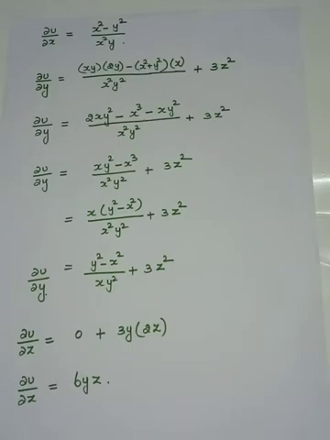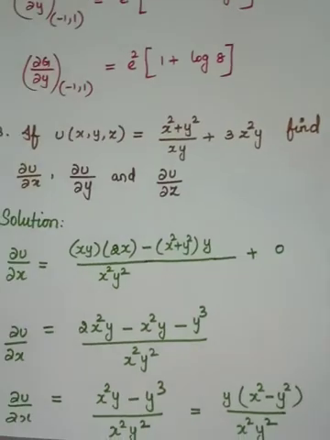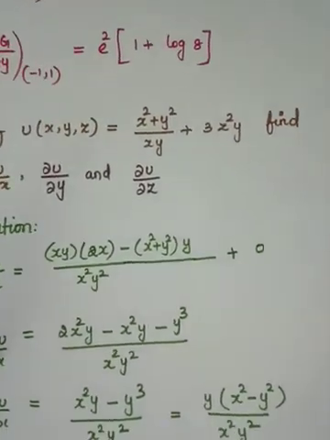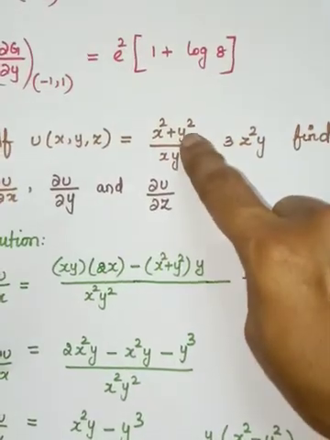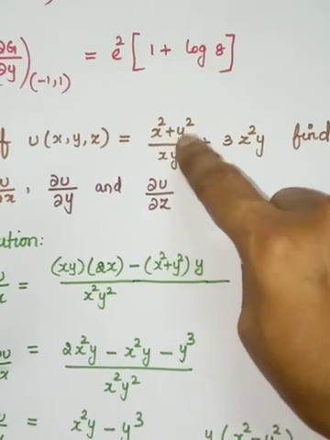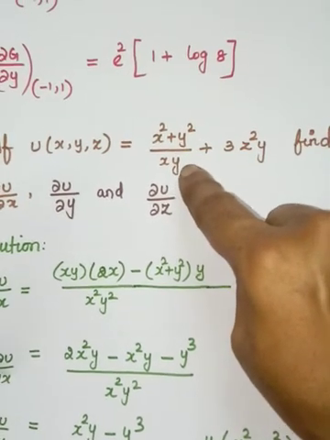Next I am moving to dou u by dou y. We are going to differentiate u partially with respect to y. That means you have to keep in mind the other variables x and z are treated as constants. Okay, just look at the u function. See the first term. In the numerator as well as the denominator you are having y.